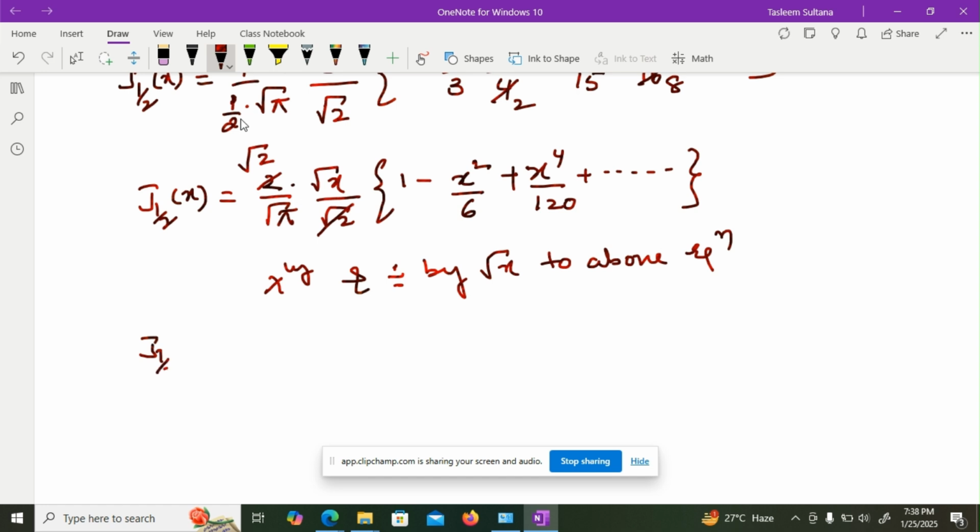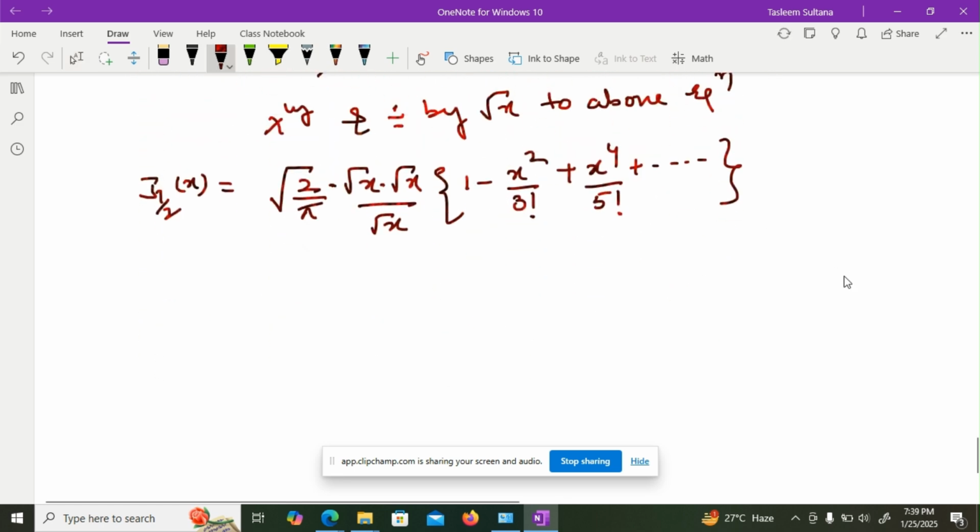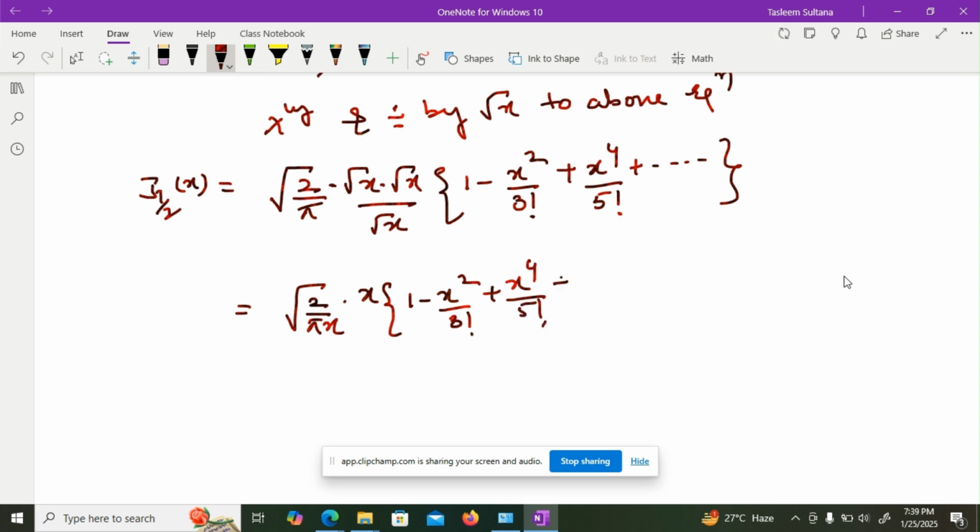So J of half of x is equal to root 2 by pi into root x divided by root x, times 1 minus x square by 3 factorial plus x power 4 by 5 factorial plus so on. Root x into root x is simply x. So it is 2 by pi x, times 1 minus x square by 3 factorial plus x power 4 by 5 factorial plus so on.